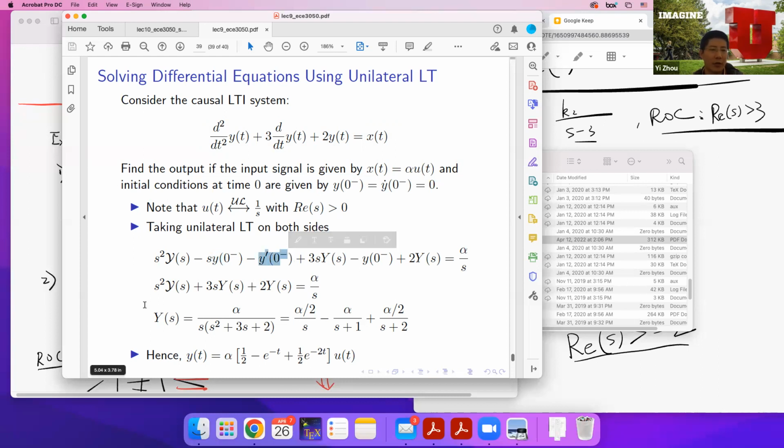In the end, you figure out the unilateral Laplace transform, and from here you can directly identify the region of convergence because the ROC is always right-sided. So it should be to the right of the rightmost pole. In this example, the rightmost pole is 0, so the ROC is to the right of 0. With this ROC, you can solve for the inverse of this Laplace transform.